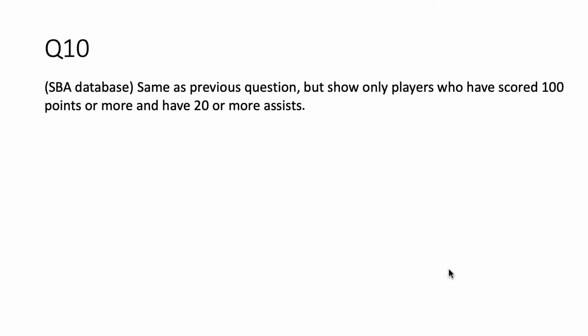This is the question where we do the same thing, but in the output show only players who have scored 100 points or more and have 20 or more assists. Notice that this is a condition we are placing on the aggregate results.